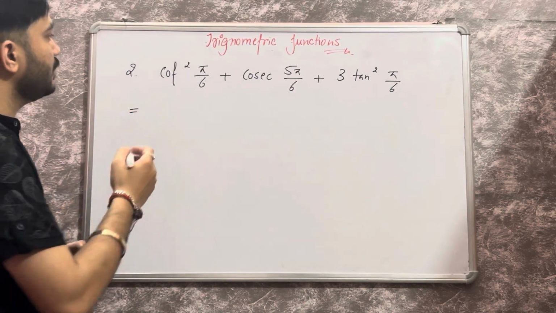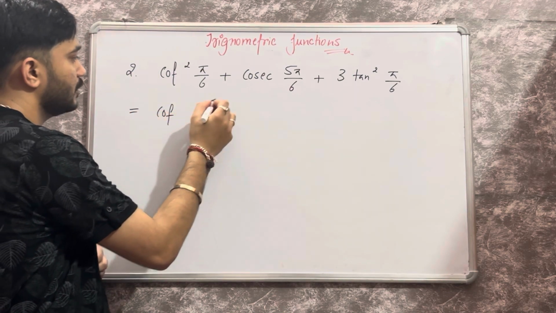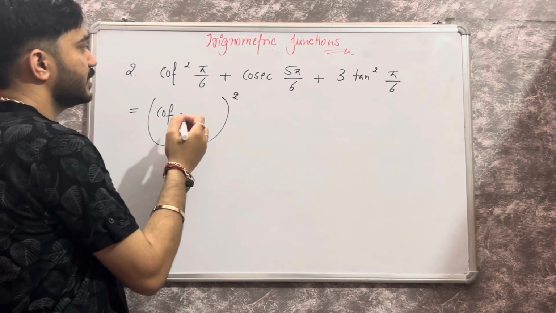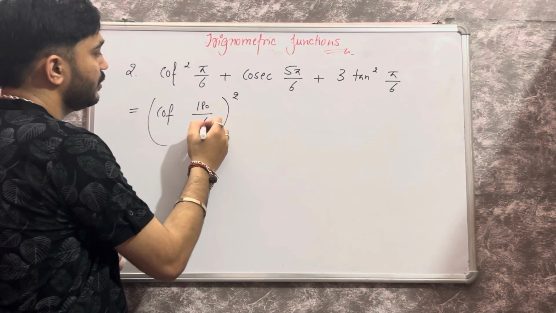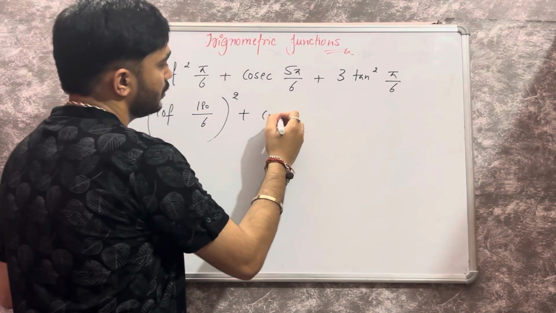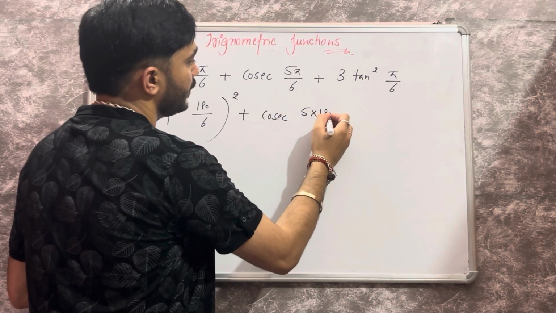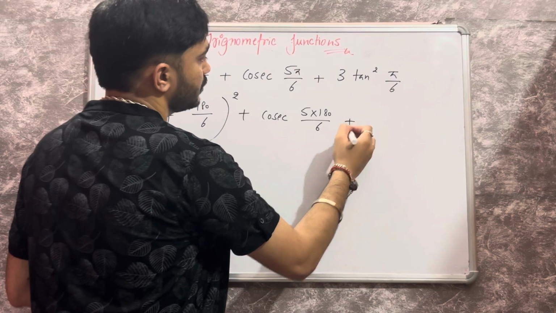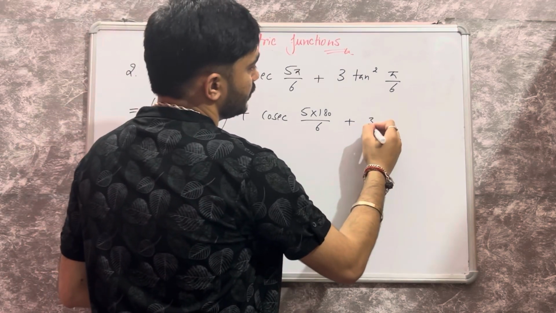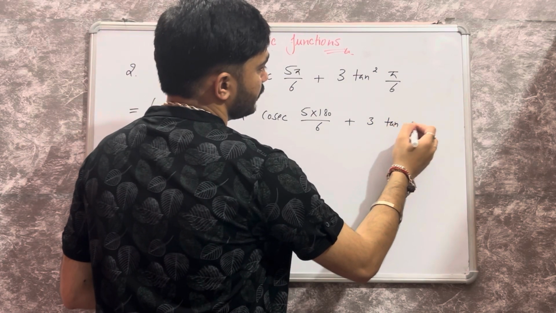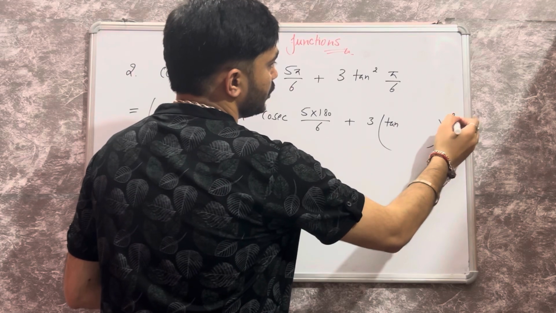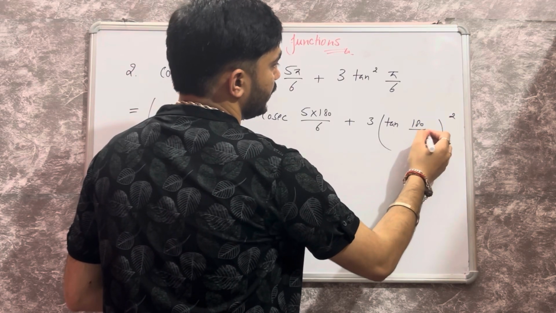Cot, write square outside the bracket, 180 degree divided by 6, plus cosec, since no square is there, 5 into 180 divided by 6, plus 3 tan square of 180 degree divided by 6.